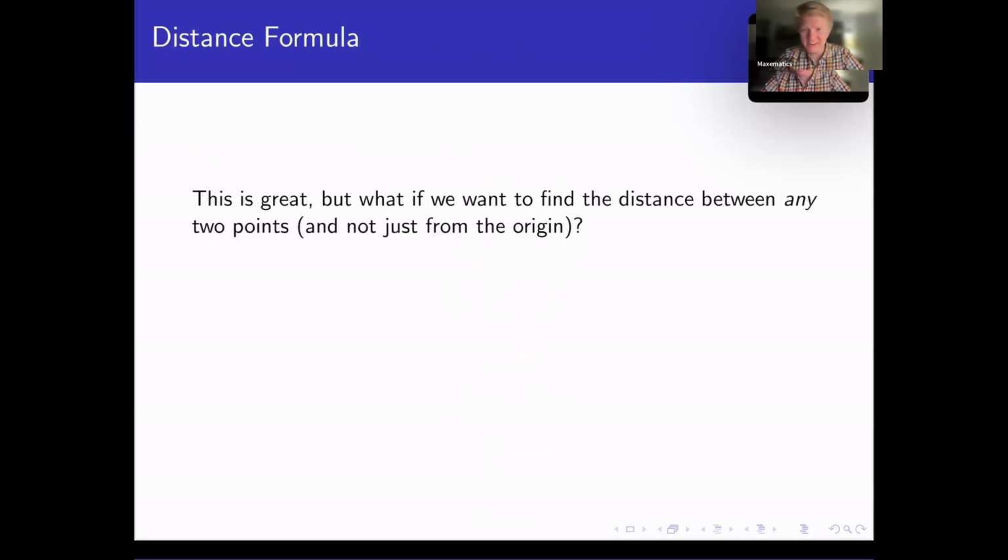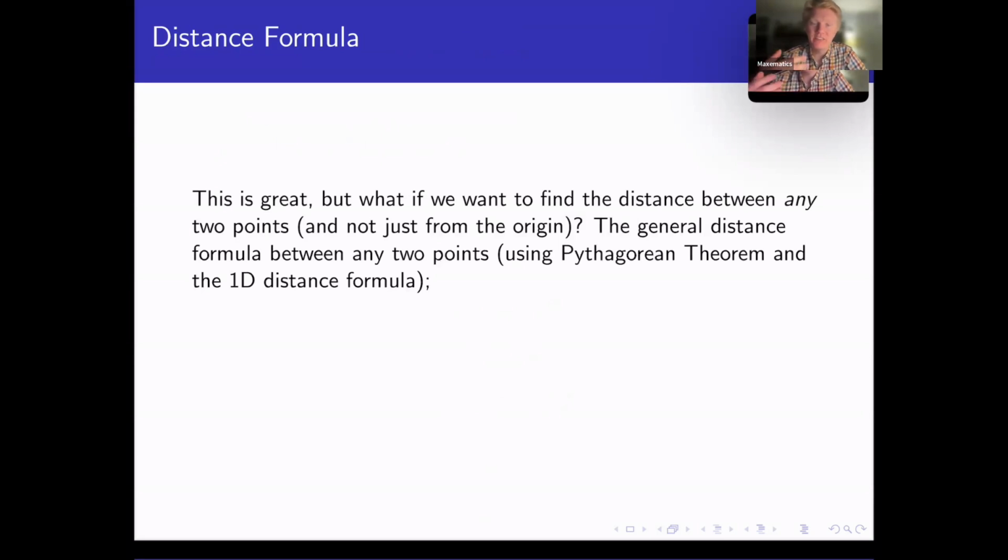Now, this is great and dandy, but what if we want to find the distance between any 2 points and not just the origin? Well, if we combine the Pythagorean theorem with the one-dimensional distance formula, absolute value of a minus b or absolute value of b minus a, in total, we can jump to its definition.